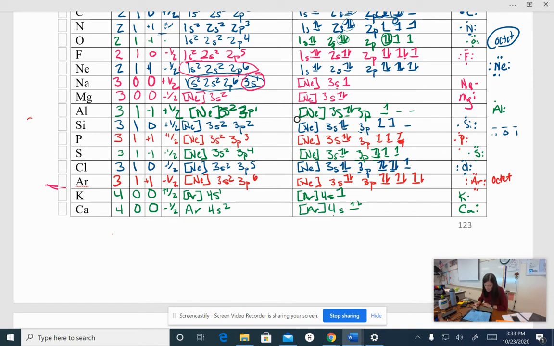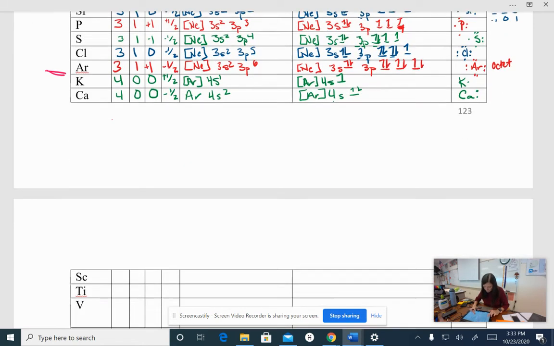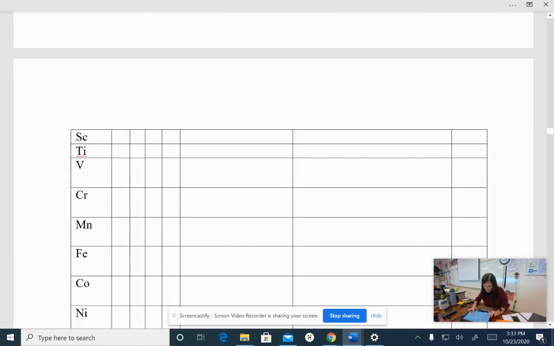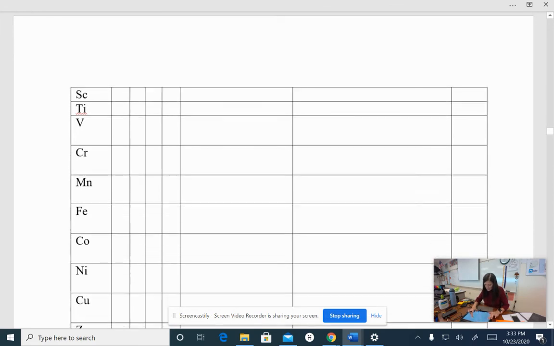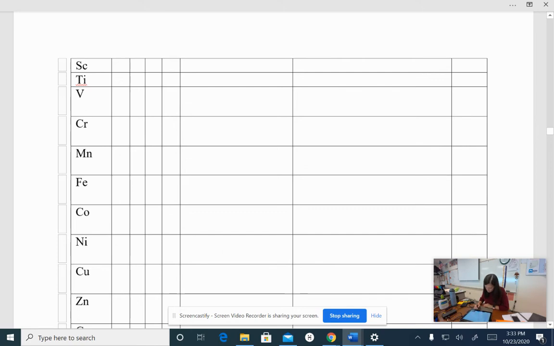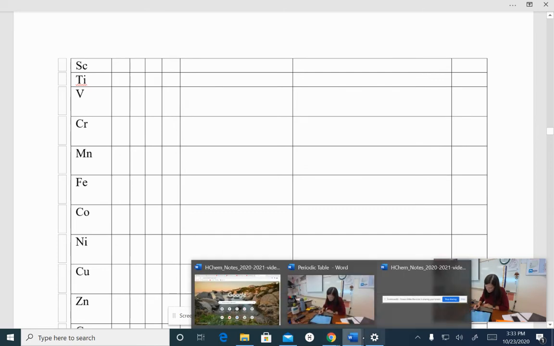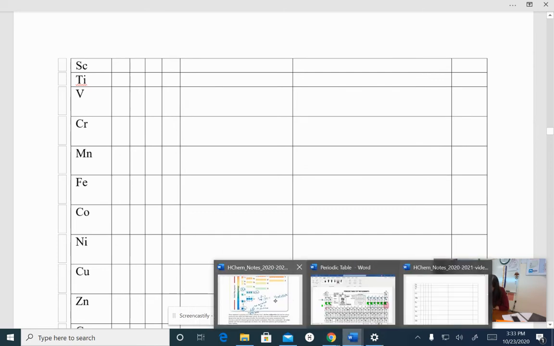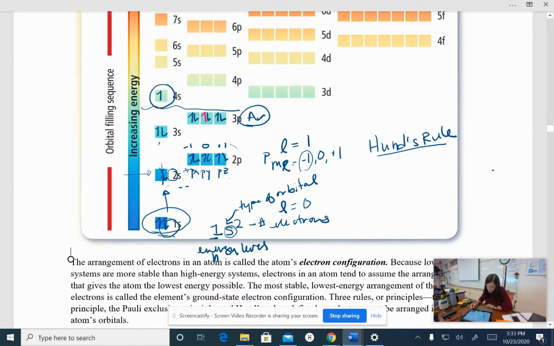Okay, let's see what happens now when we go to scandium. Now this is where it starts getting a little bit weird. So let's look at what we've got here. There's my calcium electron.